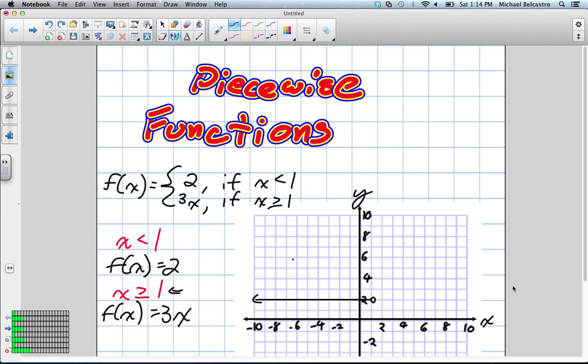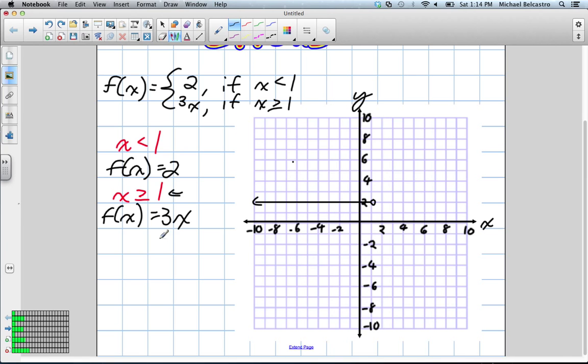To figure out where we're going to start, we're going to plug x at 1 into this. So when x is 1, what is our function going to be? Well, 3 times 1, f at 1 is the value of 3. So when x is 1, our value is 3. So it actually starts above that. And we put a solid circle for that one to say at that exact point, that's where our equation starts.